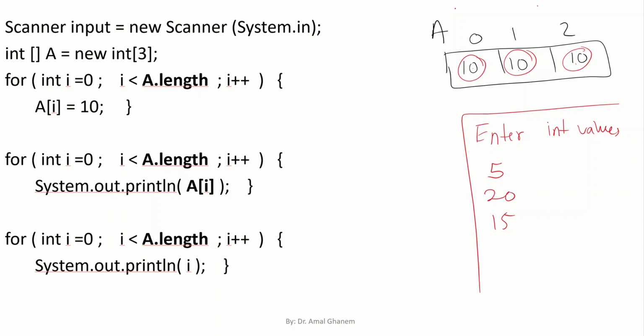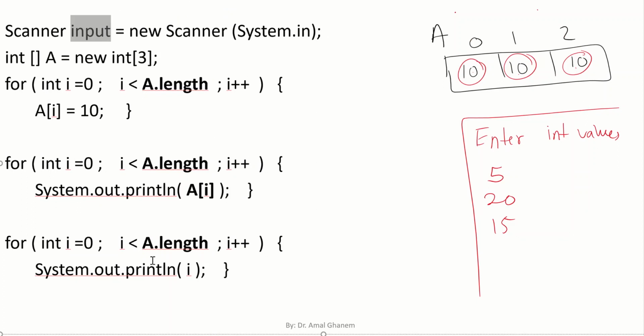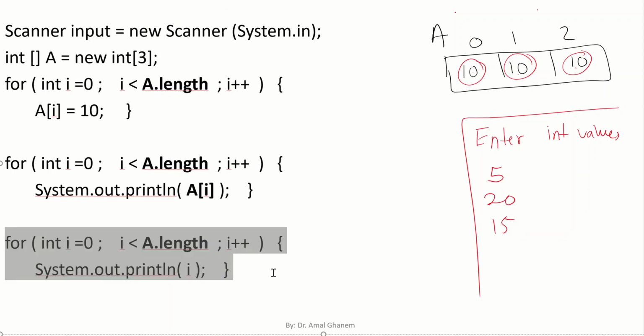Now, if we need to do the reading, we always need a scanner. That's why the first statement we have here is the declaration of the scanner, and we call it input. Now, to do the reading, let us remove this because this is not correct.